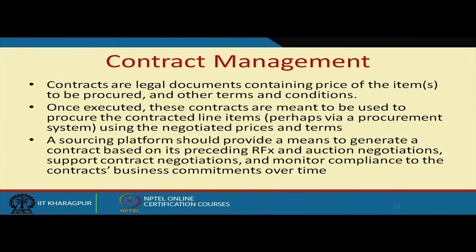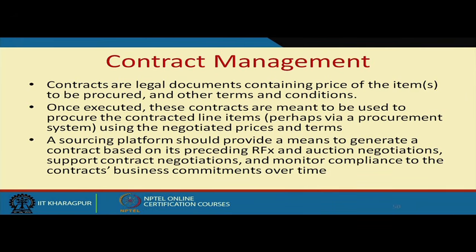The point we are going to make is that contract management was happening even when ICT intervention was not there, but what we are going to look at is what ICT is able to do in the context of contract management. Once executed, these contracts are meant to be used to procure the contracted line items using negotiated prices and terms.